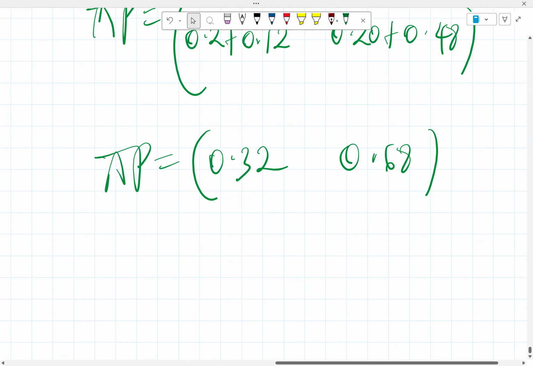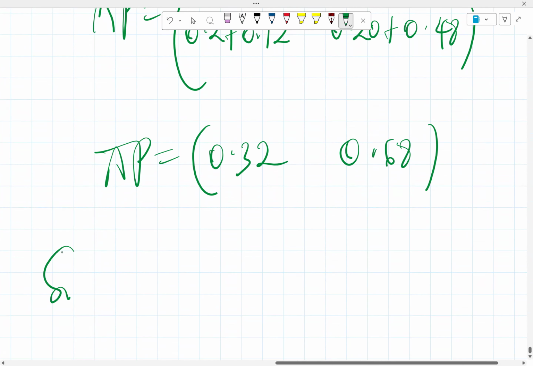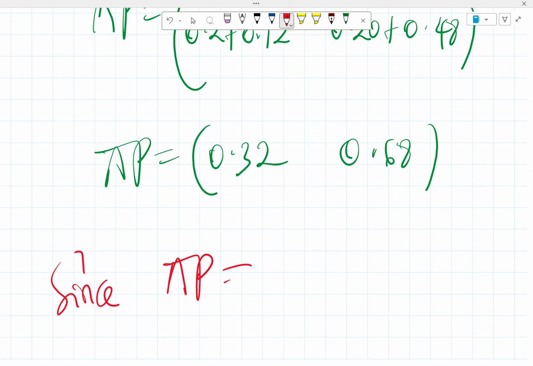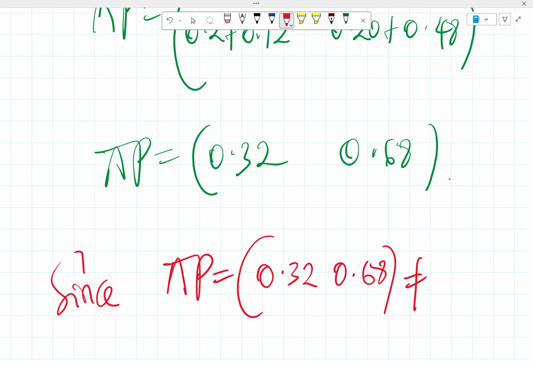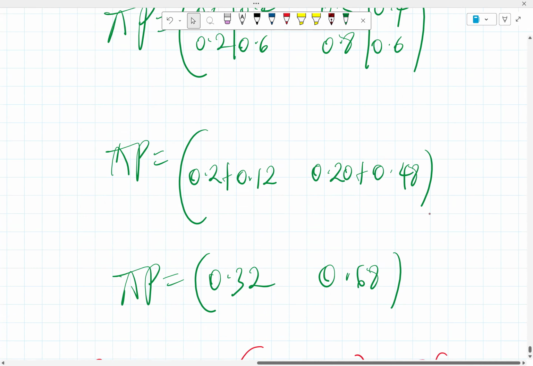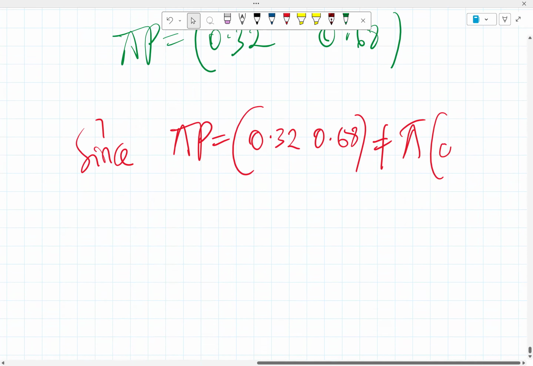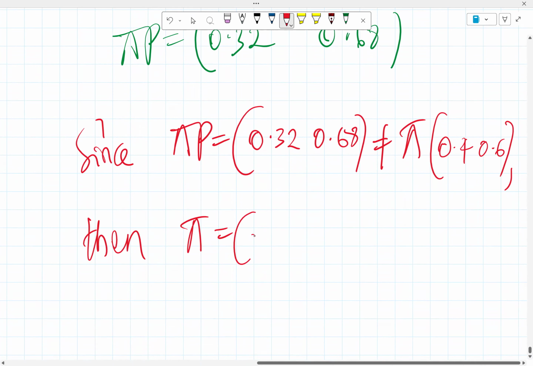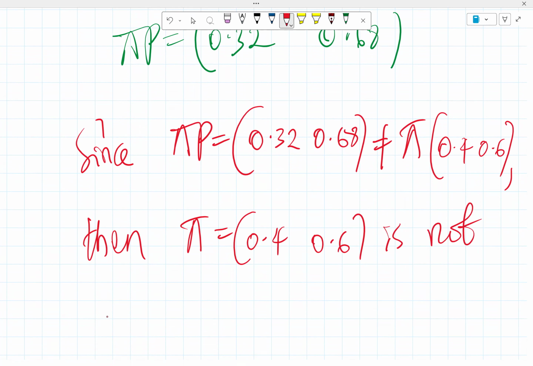Since pi P, which is equal to 0.32, 0.68, is not equal to pi, which is 0.4, 0.6, then pi equals 0.4, 0.6 is not stationary.